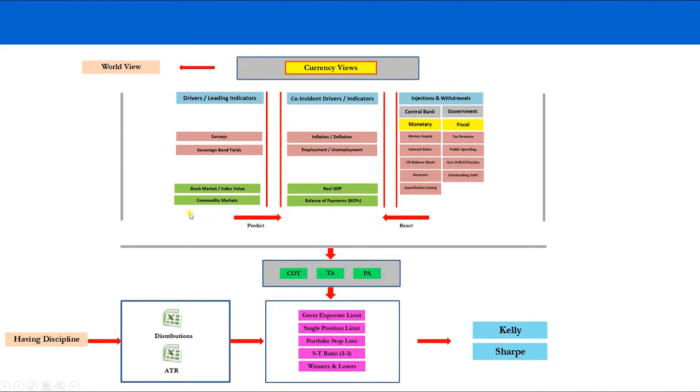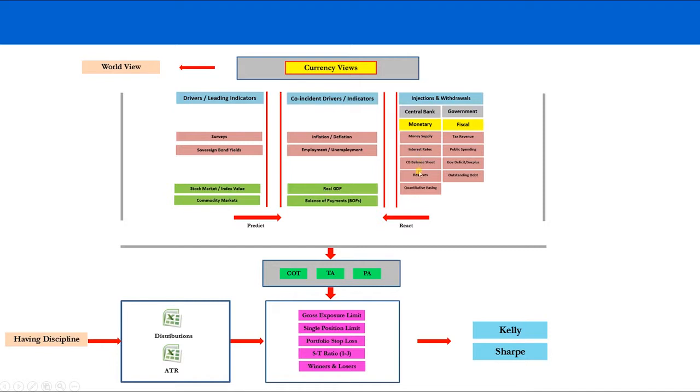And coming in from the left-hand side, our leading indicators drive our coincident indicators and injections and withdrawals because they react. Now, if we go into the right-hand side first, this will be easier to understand, because we've seen a lot of this already when we went through our foundation earlier in the video series. We can see here that injections and withdrawals are a combination of central bank and government actions, therefore monetary and fiscal actions.